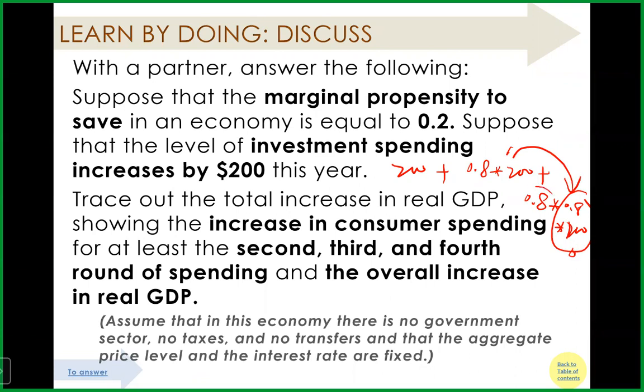They are going to spend 0.8, so they're going to buy themselves a meal, and so on and so forth. This process keeps moving, but the net impact is going to be 1/(1 minus 0.8) times 200, which is equal to $1,000. So this is the multiplier.